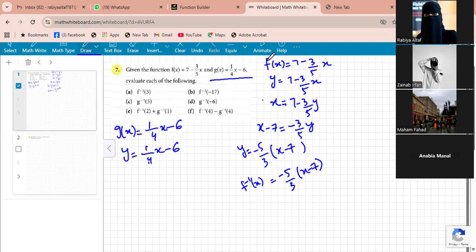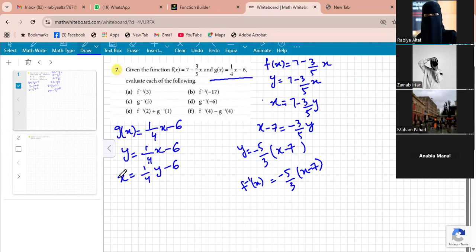Next is you need to swap x and y, swap them and then make y the subject of this whole formula. After swapping, it will be x equals to 1 upon 4y minus 6.